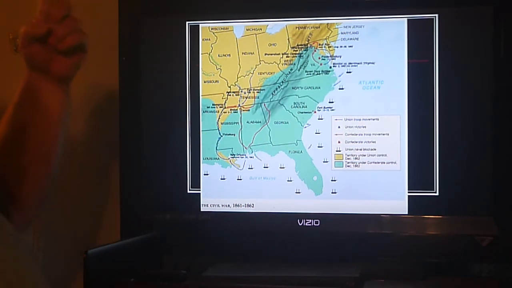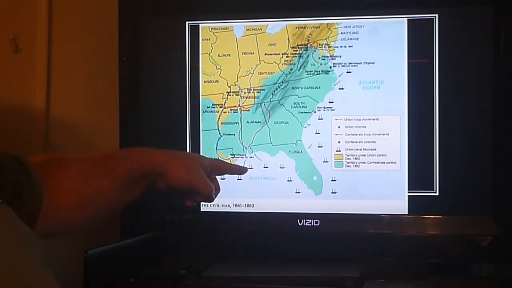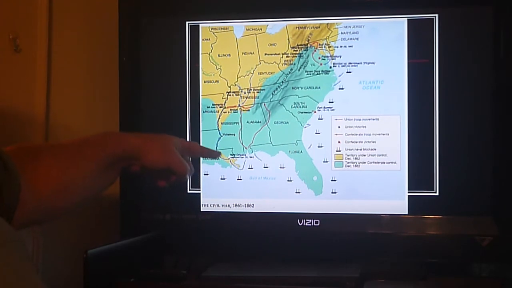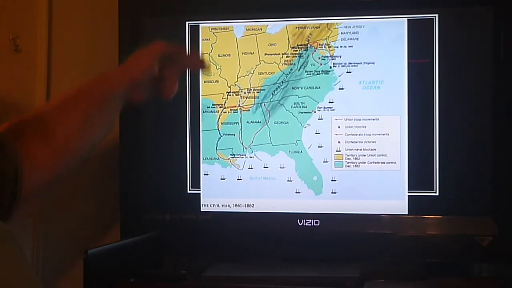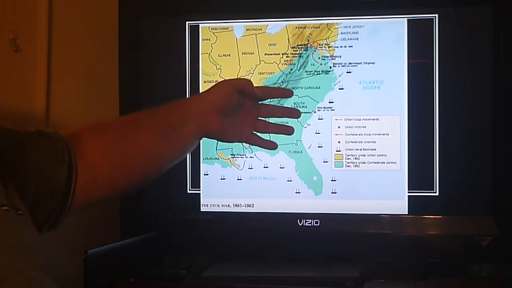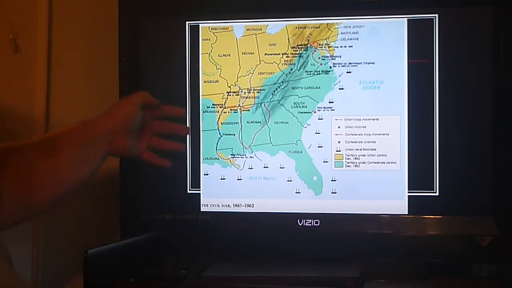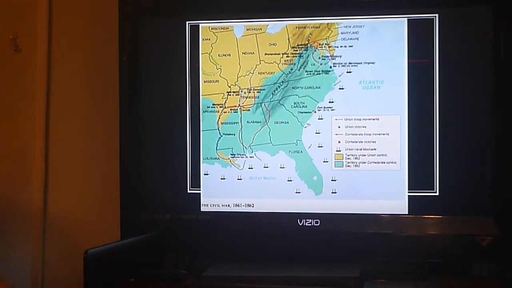And so what the Union needs to do is take Louisiana and the Mississippi River. If they can take possession of the Mississippi River, then not only does it stop this massive trade route for the Confederacy, but it cuts off the eastern part of the Confederacy, with Arkansas, Louisiana, and Texas cut off from the main body of the forces at this point.